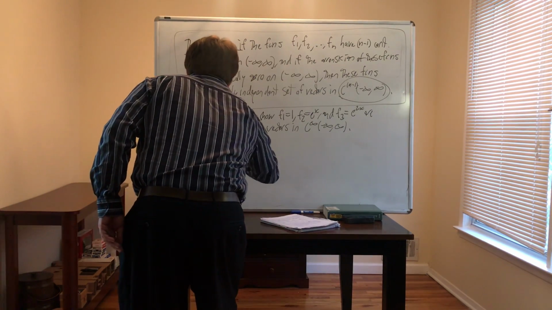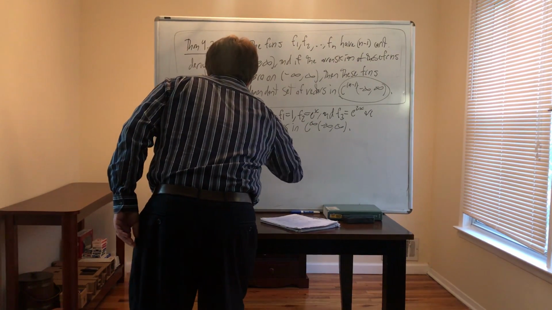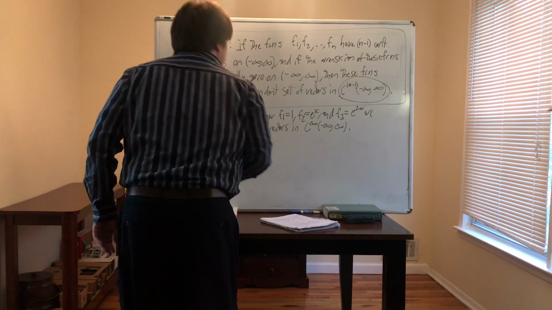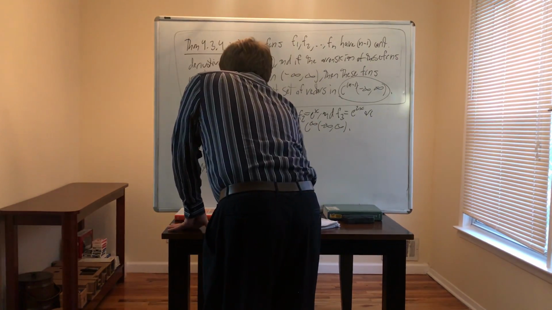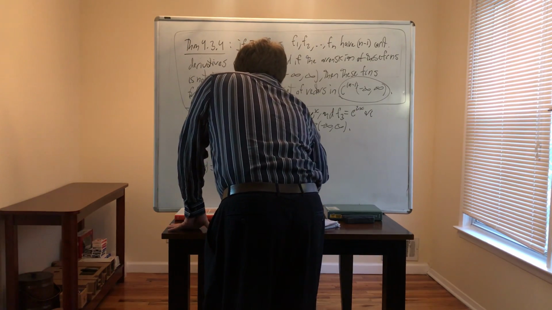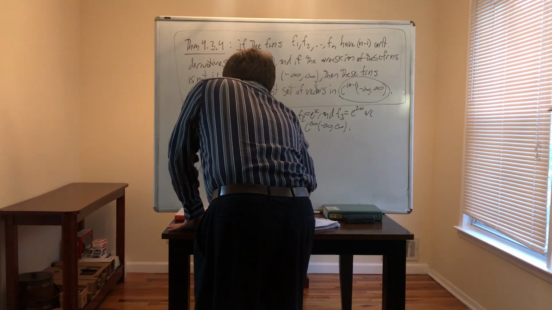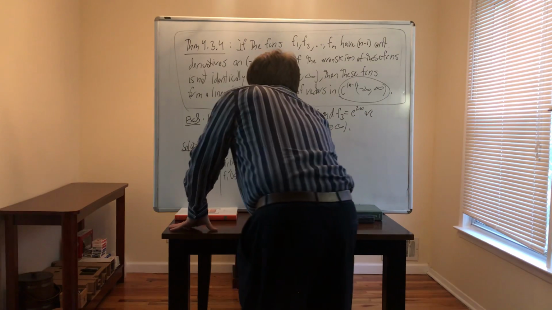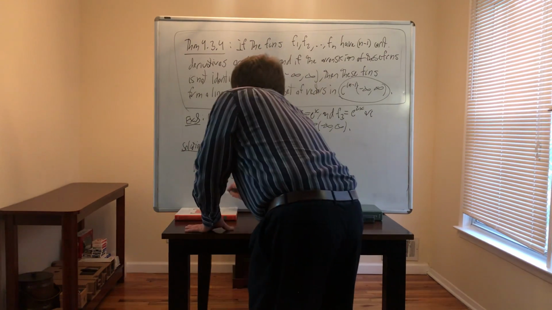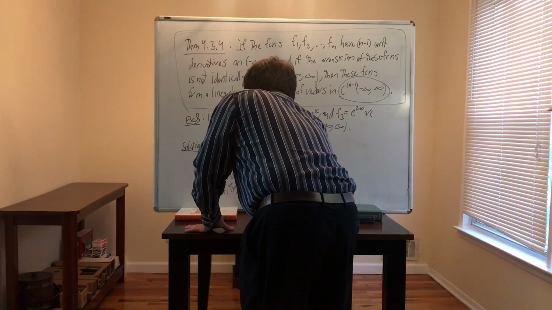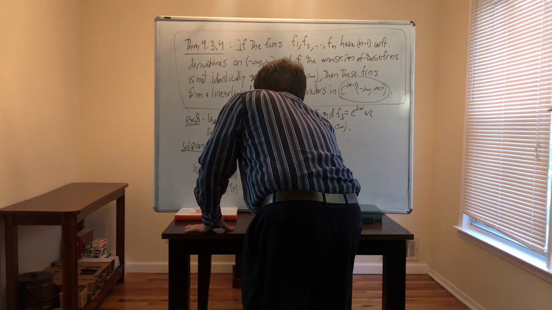is that the Wronskian is W of x, which equals the determinant of the matrix with rows f sub 1 of x, f sub 2 of x, f sub 3 of x; f sub 1 prime of x, f sub 2 prime of x, f sub 3 prime of x; f sub 1 double prime of x, f sub 2 double prime of x, f sub 3 double prime of x, right?